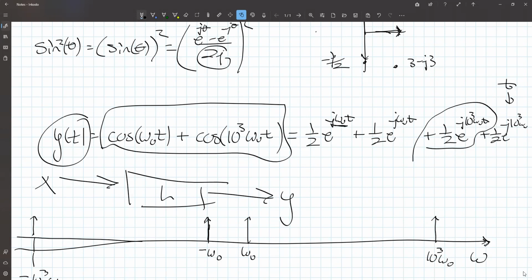I don't really have time to get into the conceptual side of harmonics, but all a harmonic means is that it's an integer multiple of the fundamental frequency.